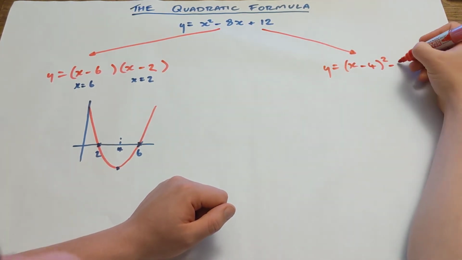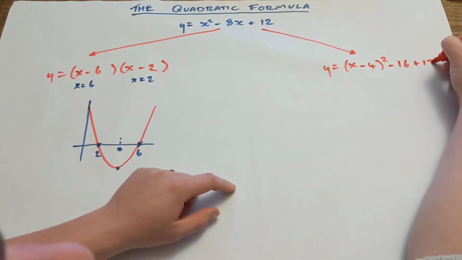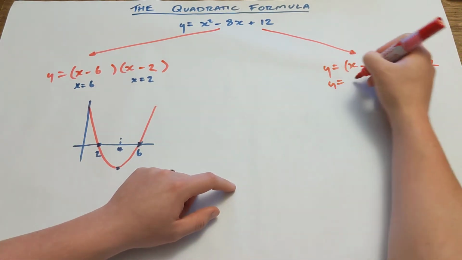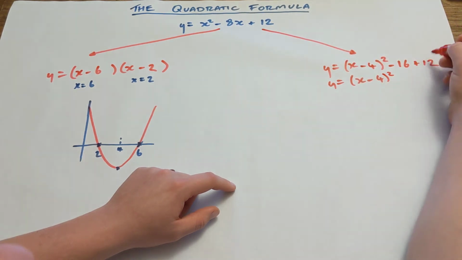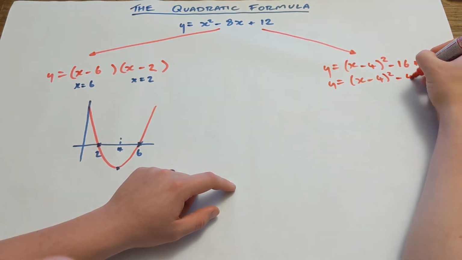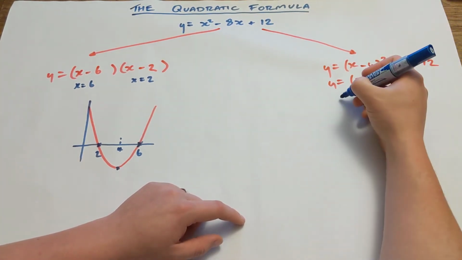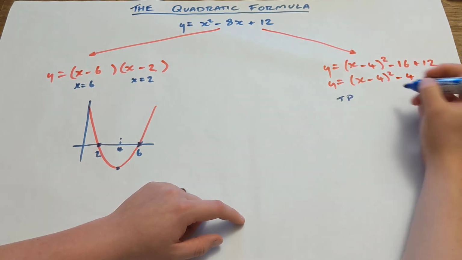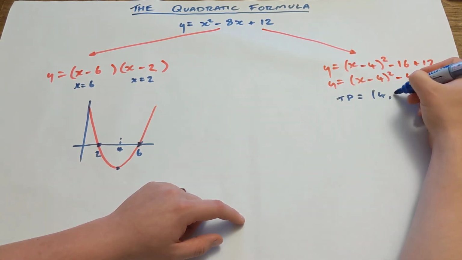So we'll take away 4 squared, which is 16, but we've still got this plus 12, and this gives us y equals (x - 4) squared minus 4. This is what we were just looking at in the last video. This tells us the turning point is at (4, -4).